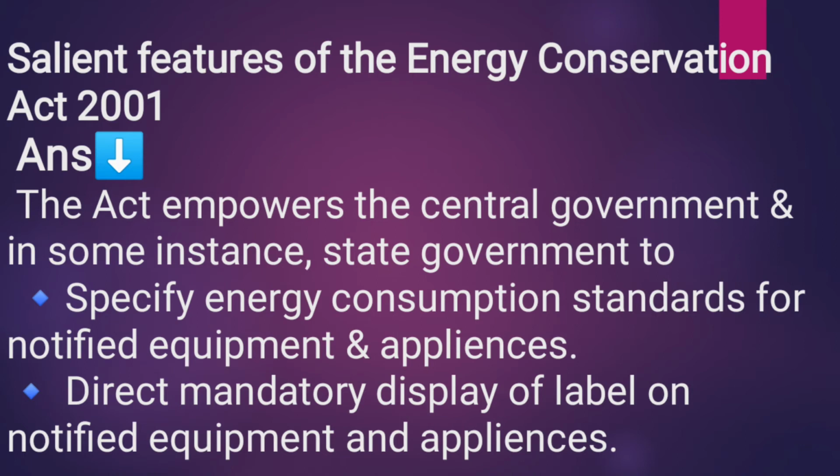So today's 1.3 is salient features of the Energy Conservation Act 2001. The answer is: the Act empowers the central government and in some instances the state government to specify energy consumption standards for notified equipment and appliances. Direct mandatory display of label on notified equipment and appliances.